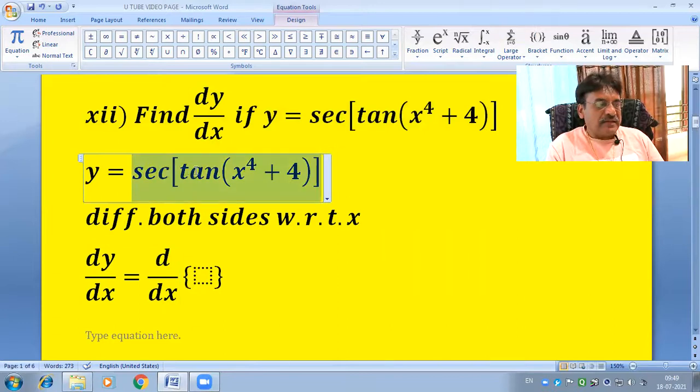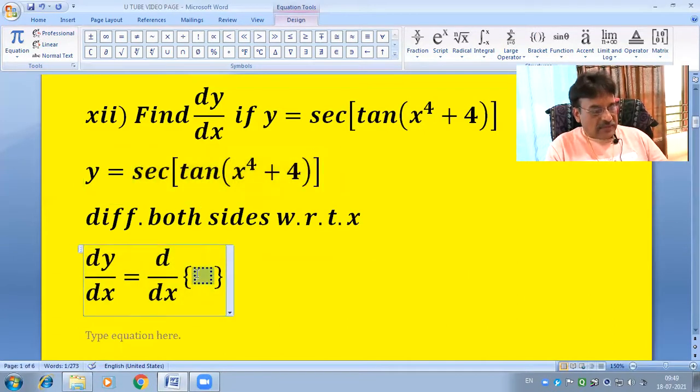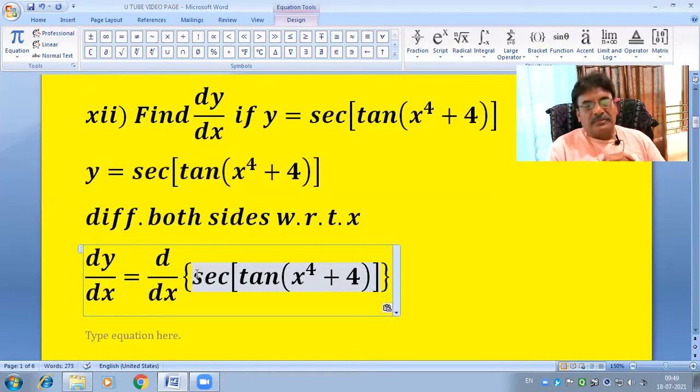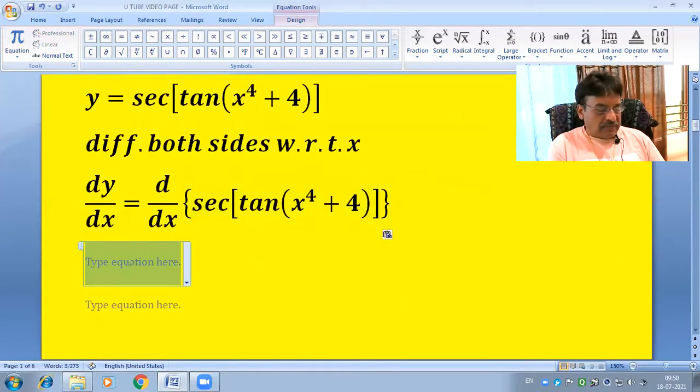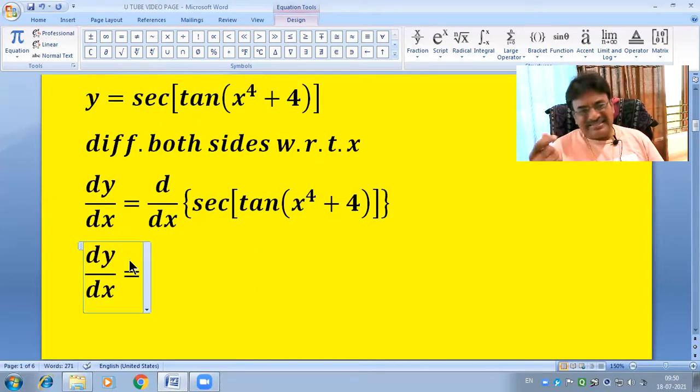We write the right hand side here, that is d/dx of RHS, d/dx of sec of tan of x to the power 4 plus 4. Therefore dy by dx, LHS as it is, equals d/dx of sec of tan of x to the power 4 plus 4.